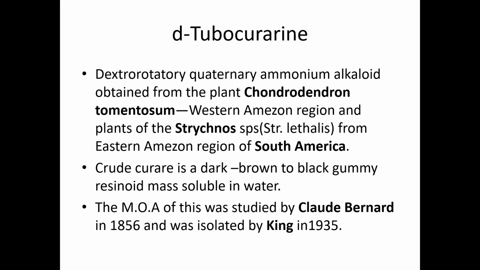It is obtained from the plant Chondrodendron tomentosum, which is available in the Western Amazon region. The other source for D-tubocurarine is Strychnos species, that is Strychnos toxifera, from the Eastern Amazon region of South America.